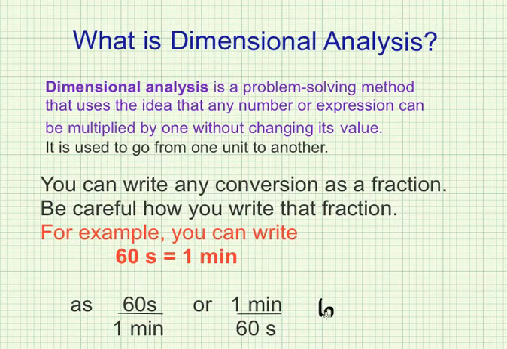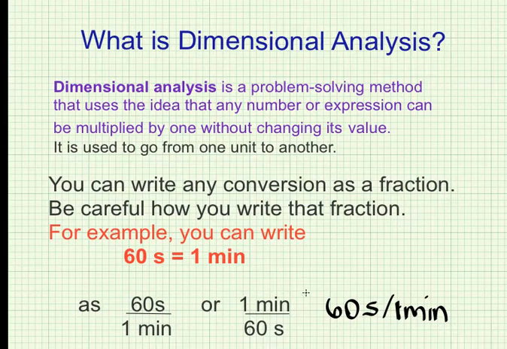If you write 60 seconds equals 1 minute, it won't always be so easy to identify which unit is going to cancel out. So I would suggest that you set up your fractions like this when you have it on a sheet of paper. Obviously, when you're writing in a text box, we're not going to have that luxury. We've got our ratios, the two different ways we can set up our ratio.